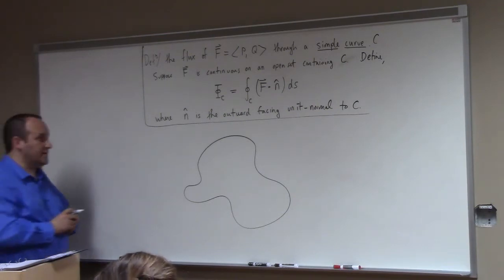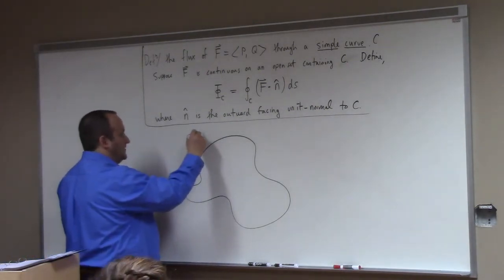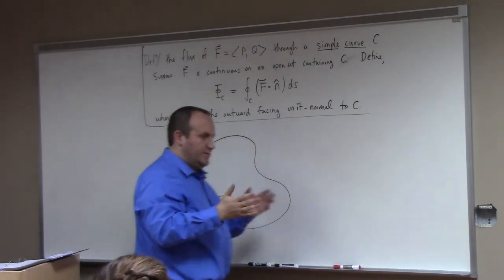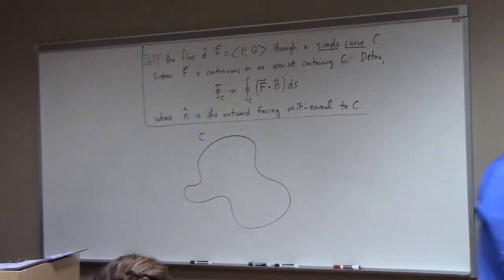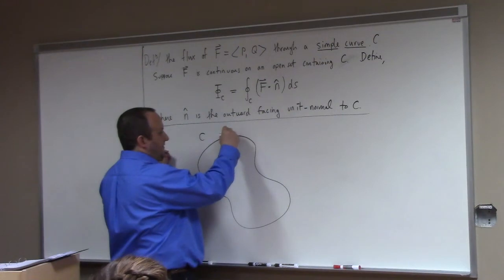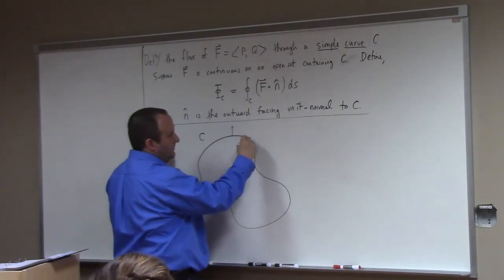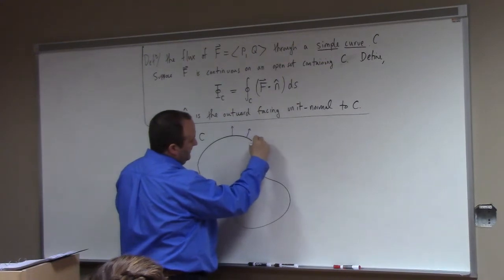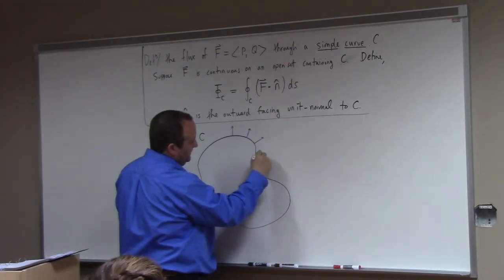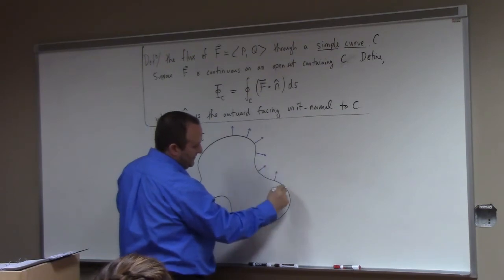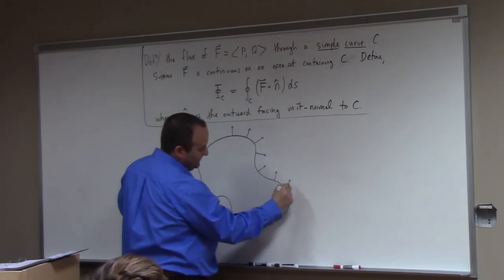Let's picture what we mean by this n hat, the outward pointing unit normal to the curve. So start here, like that, then like this, like this. These are supposed to be the same length. I may or may not be successful in maintaining the length of my purple vectors, but I'll try.